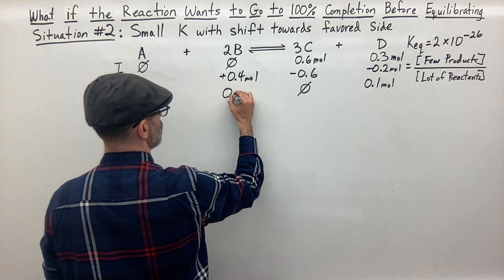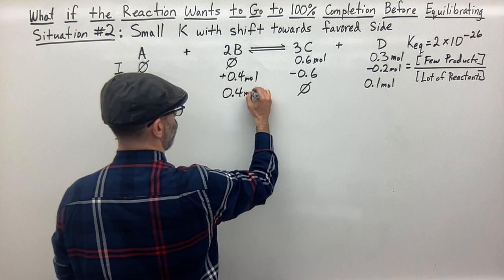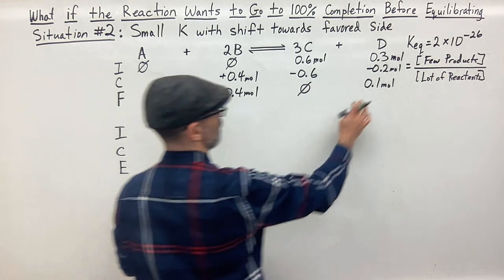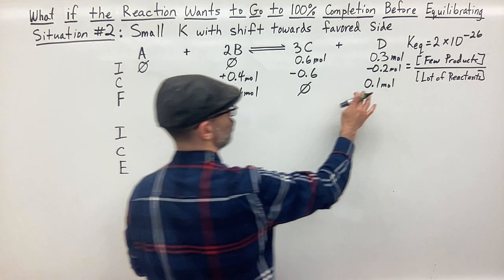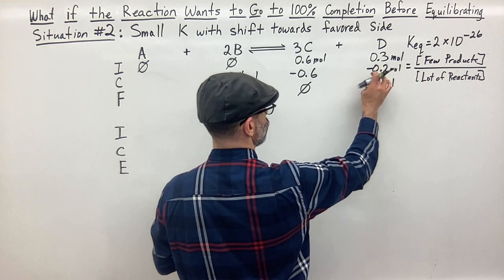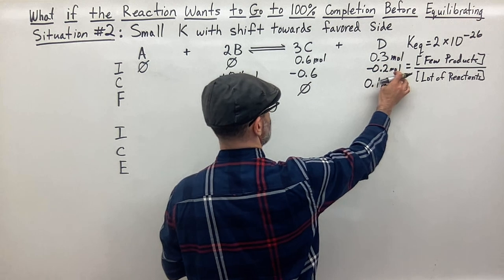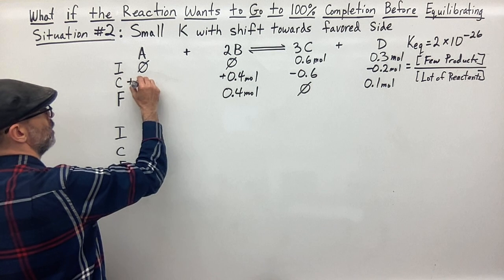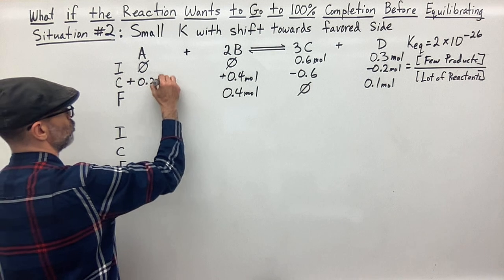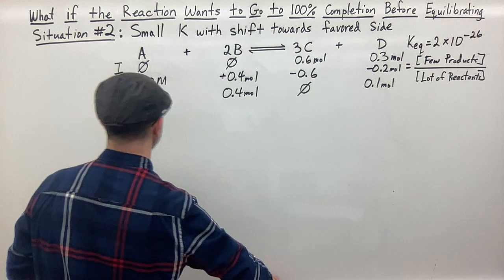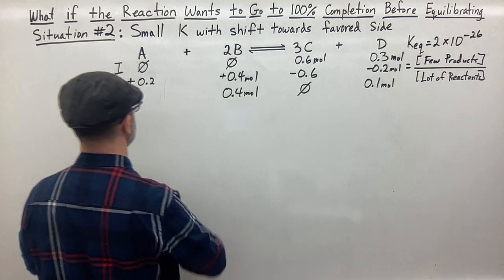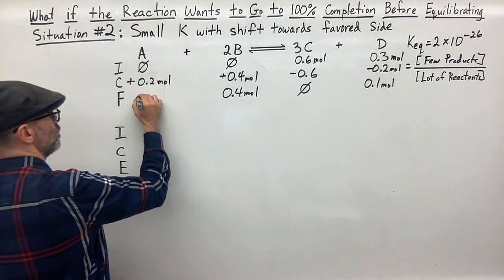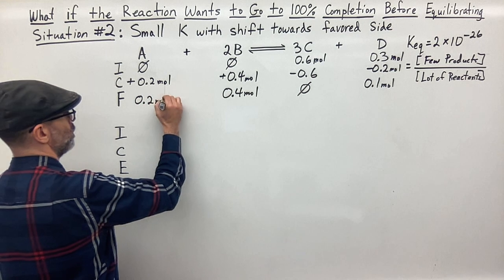I'm going to end up with 0.4 moles of B. And again, since this is a 1-to-1 ratio, if I lose 0.2 moles here, then I'm going to gain 0.2 moles. Oops, that should be moles here. So I end up with a 0.2 mole amount here.